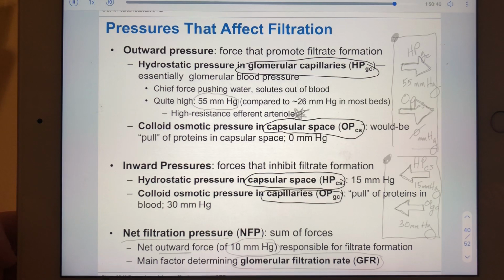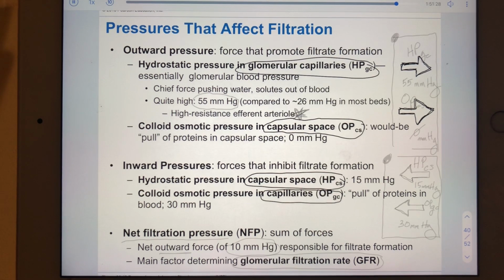if we were thinking about arrows, okay, the hydrostatic pressure in glomerular capillaries is pushing fluid out of the capillaries. The osmotic pressure in capsular space would be pulling, drawing fluid out. In other words, these are the outward forces, okay?